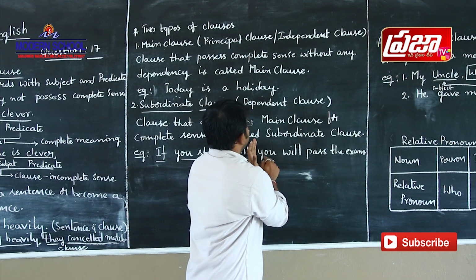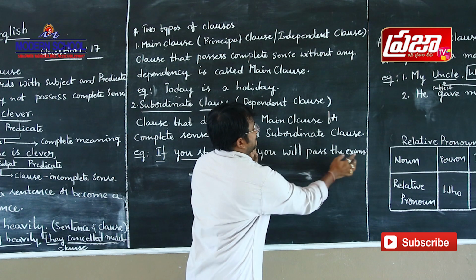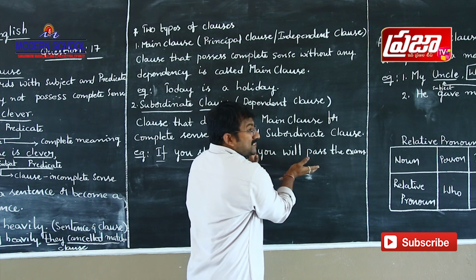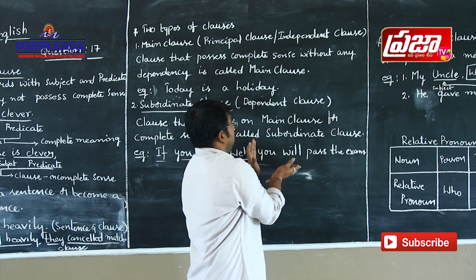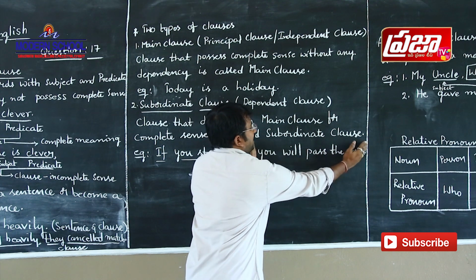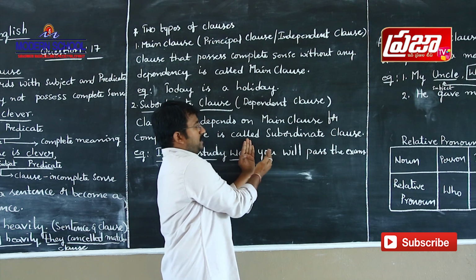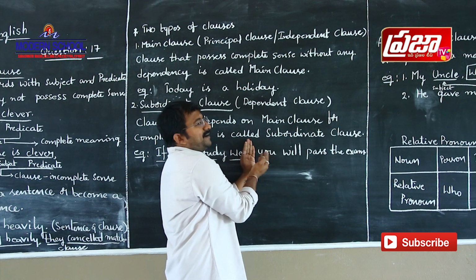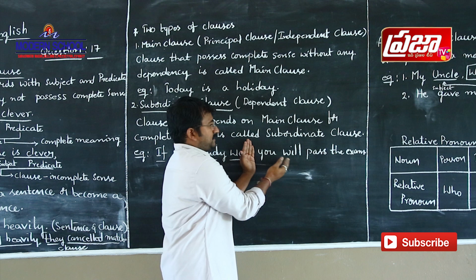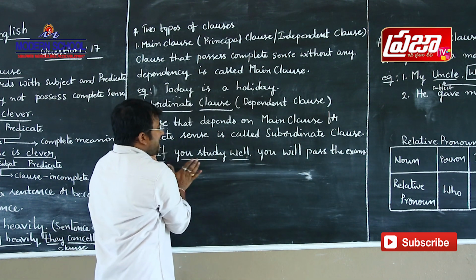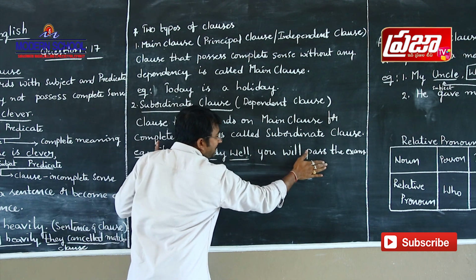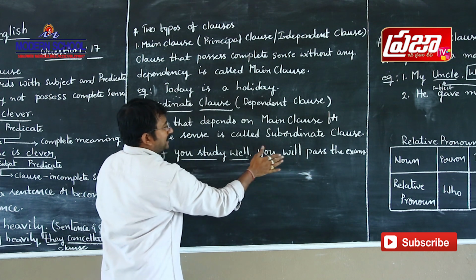See here, "you will pass the exam." This is a clause which has a complete sense. If you take only this clause, it has a complete sense. It doesn't need to depend on the other clause for the complete sense. But the other clause depends on the main clause for the complete sense.